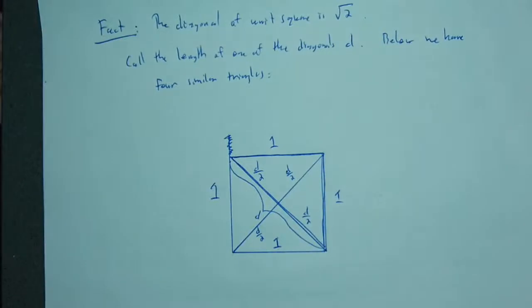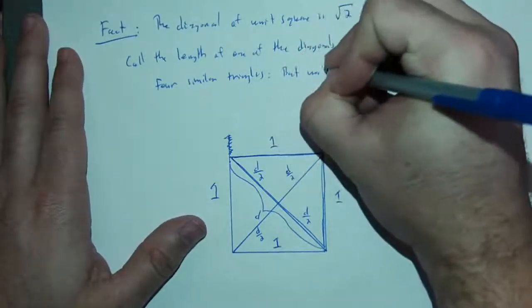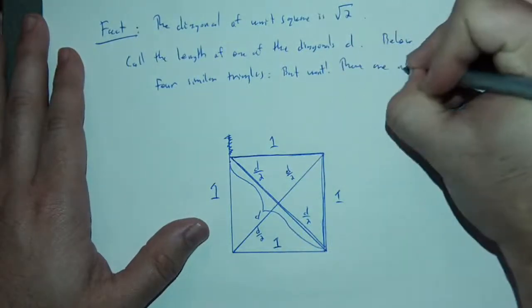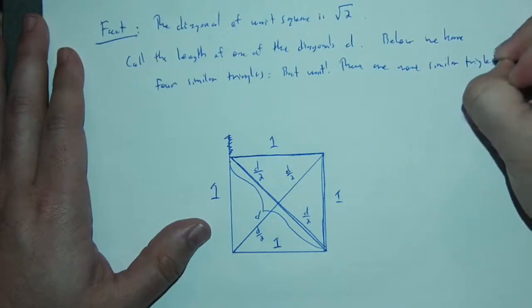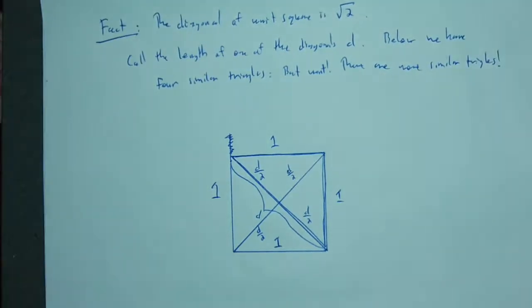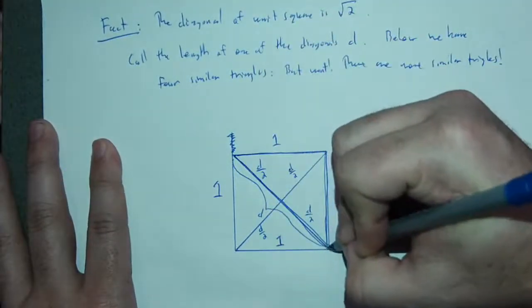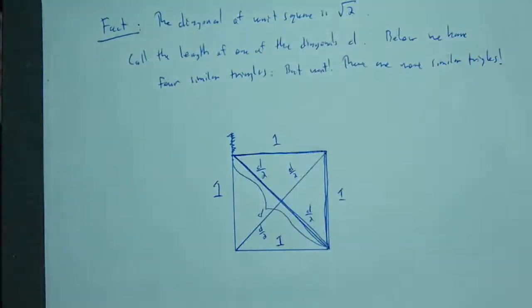Okay. Now, these four smaller triangles are all similar. But wait, there are more similar triangles. Well, in fact, these triangles that are half of the unit square are similar to each of the smaller triangles. Right?